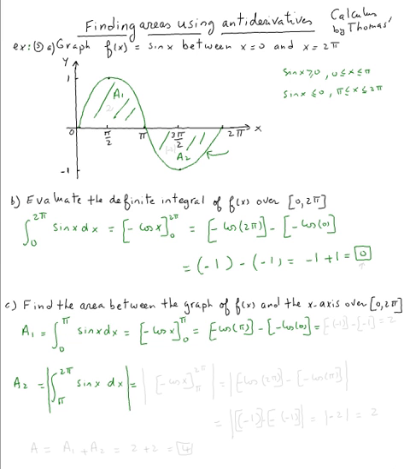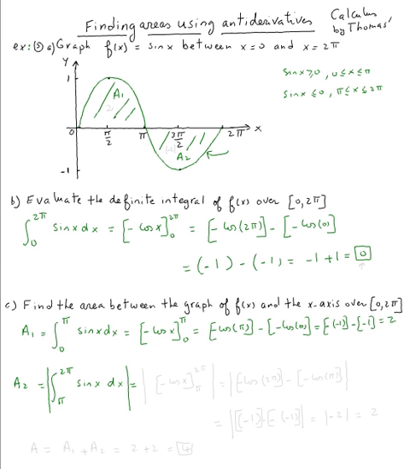Cosine of pi is negative 1, so minus negative 1, and then minus, cosine of 0 is 1, minus 1. This will be equal to 1 plus 1, which is 2.